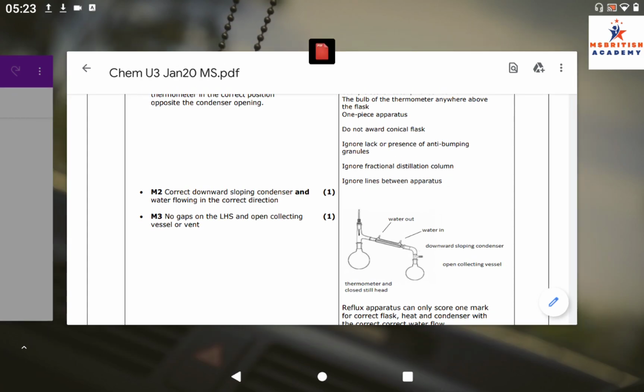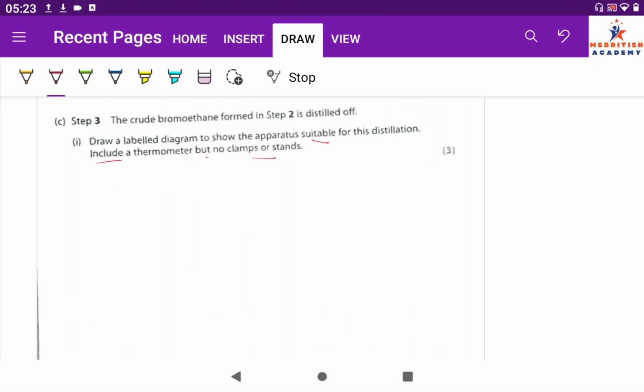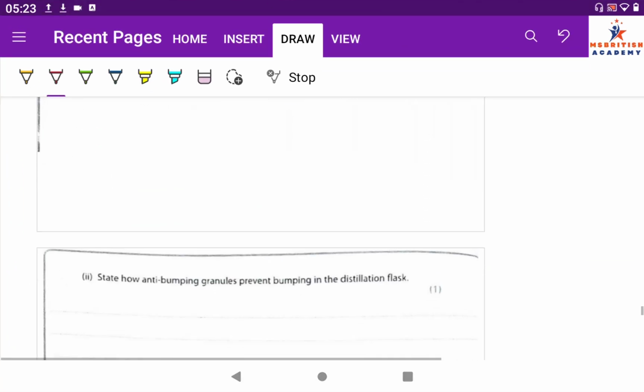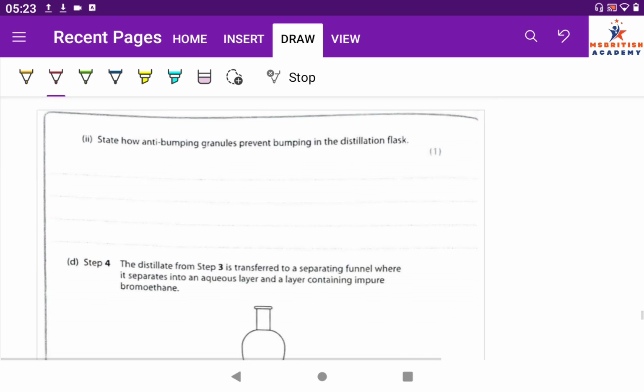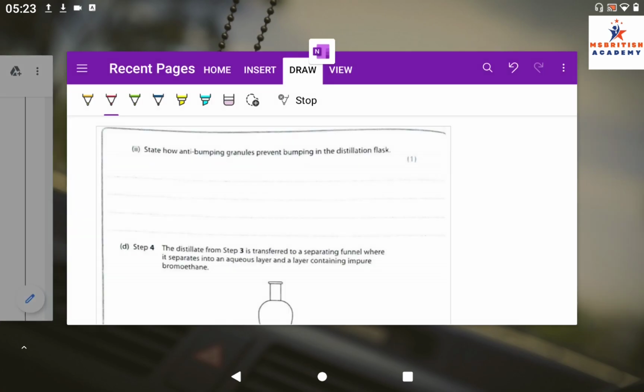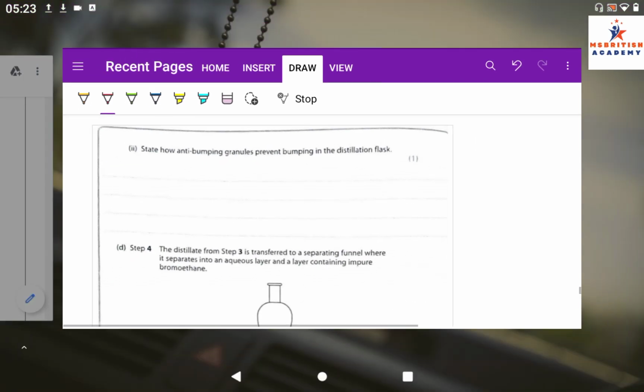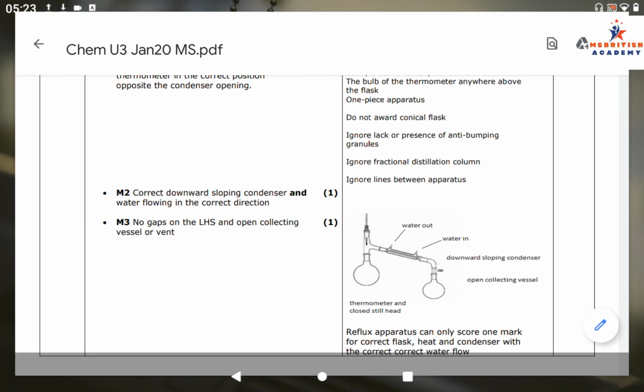Okay, so we are going to do the next one. Here, state how anti-bumping granules prevent bumping in the distillation flask. So for this also you can take help from the mark scheme.